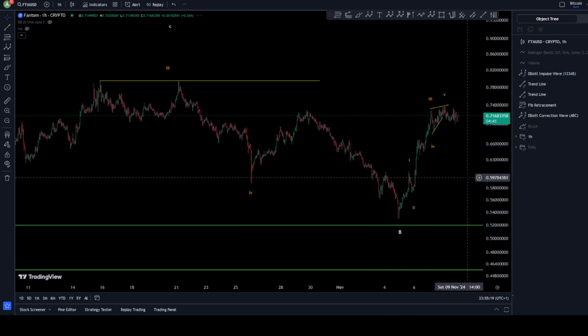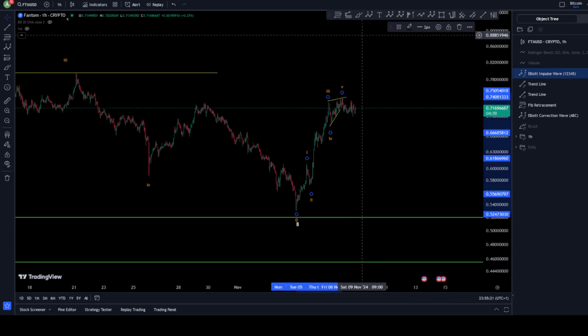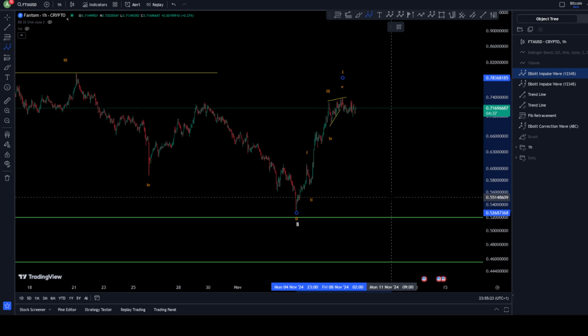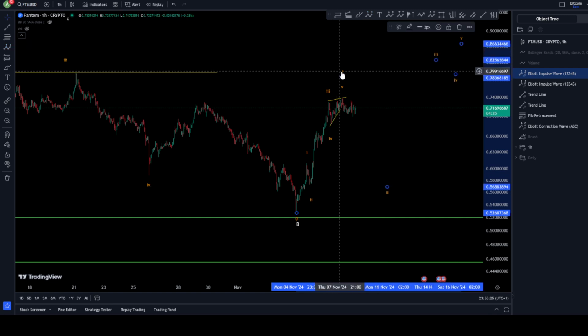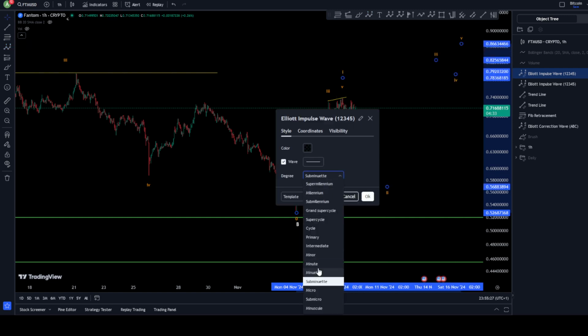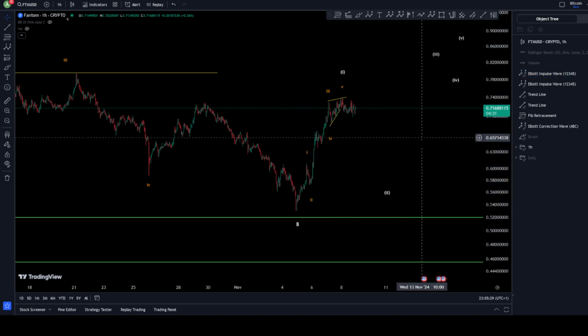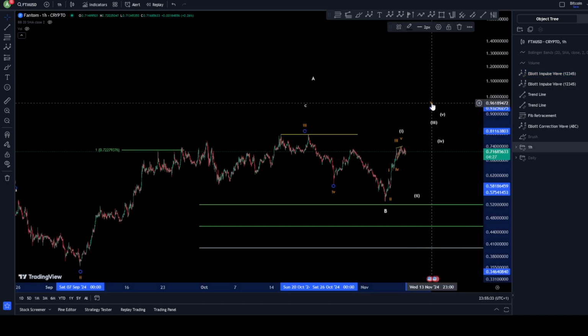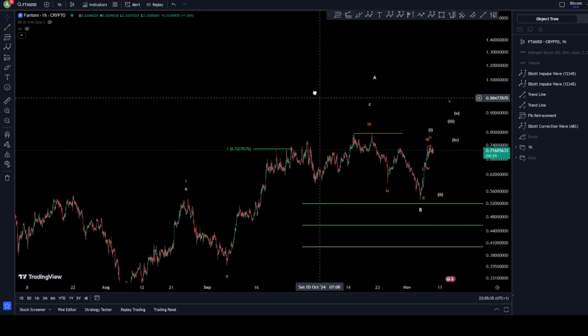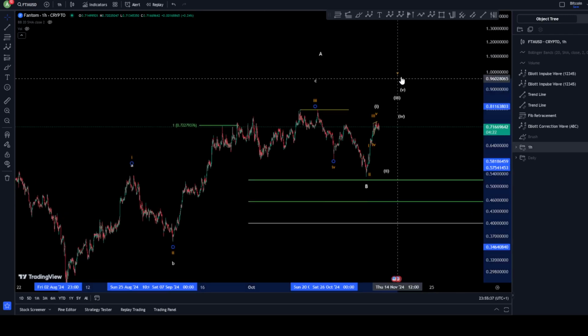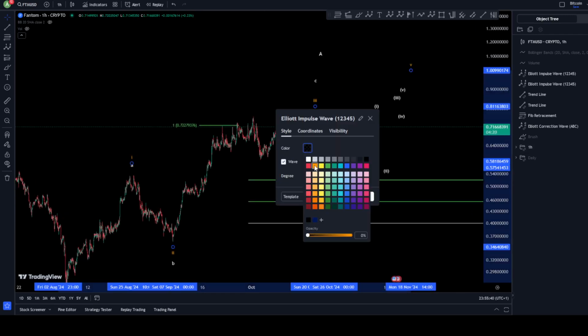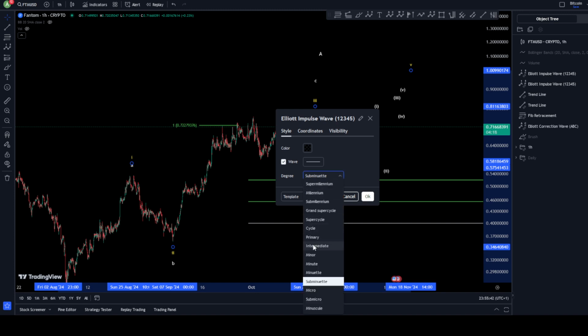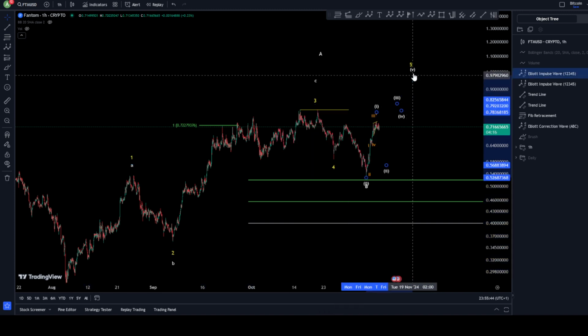It can be a 1, 2, 3, 4, and a 5, finished wave 1. And then you are looking, of course, for a bigger impulse now. 1, 2, 3, 4, 5. This is bigger. Here we go. Very possible, guys. In that case, it can be a bigger wave 5 here. Let's make this clearer.